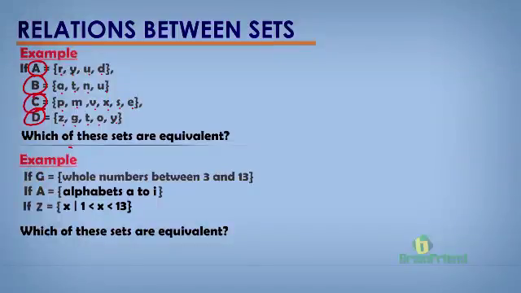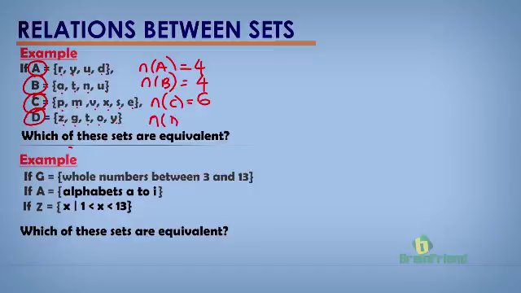The cardinality of set A, which is a count of the unique elements within our set A, is 4. The cardinality of our set B is also 4. The cardinality of our set C, which is a count of the number of unique elements within our set C, is 6, while the cardinality of our set D is 5.